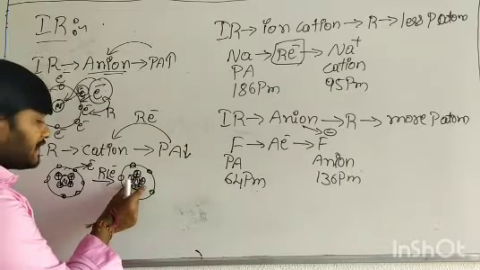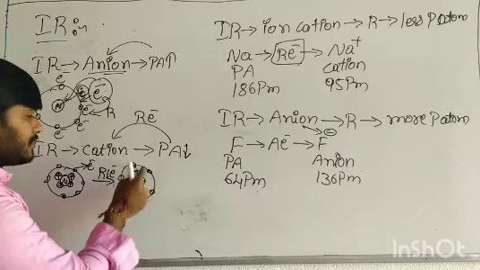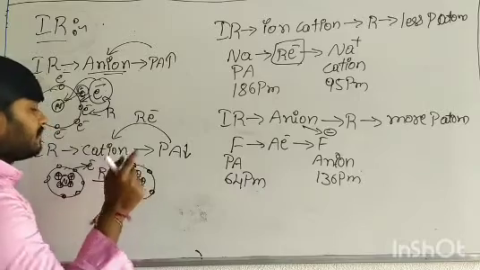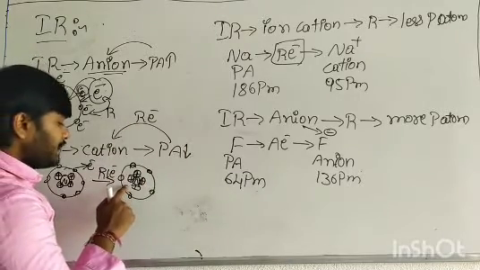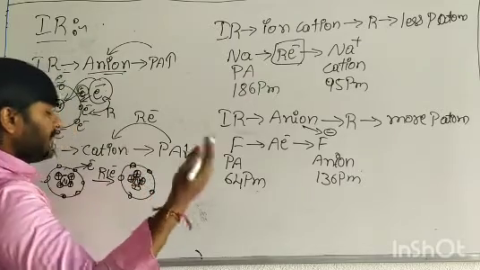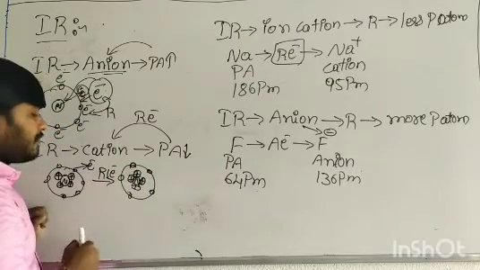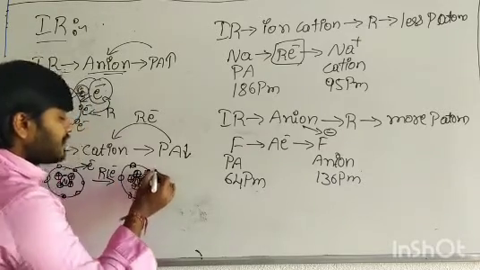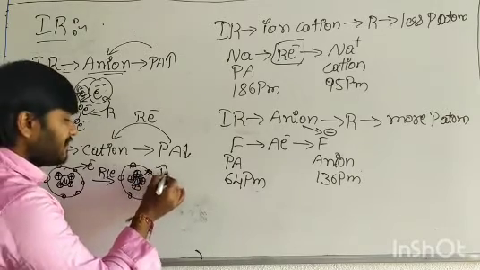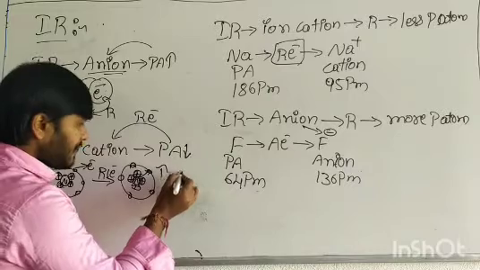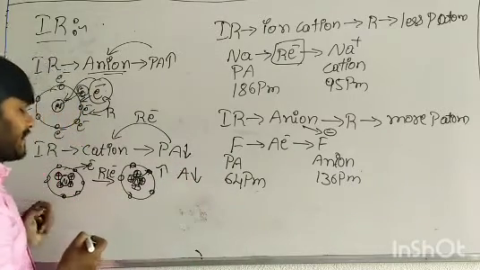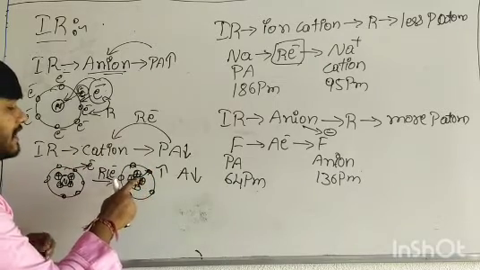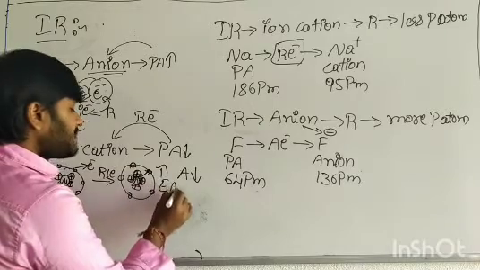So the nuclear charge will be the same and negative charge is removed, so that the effective nuclear charge on these electrons will be more. That means the positive charge capacity on these electrons will increase because of removal of one electron, so the attractive force between the outer electrons and the nucleus will increase. Obviously your atom will decrease its size. That means the ionic radius of your cations will be less, because there is no change in the positive charge of the atom.